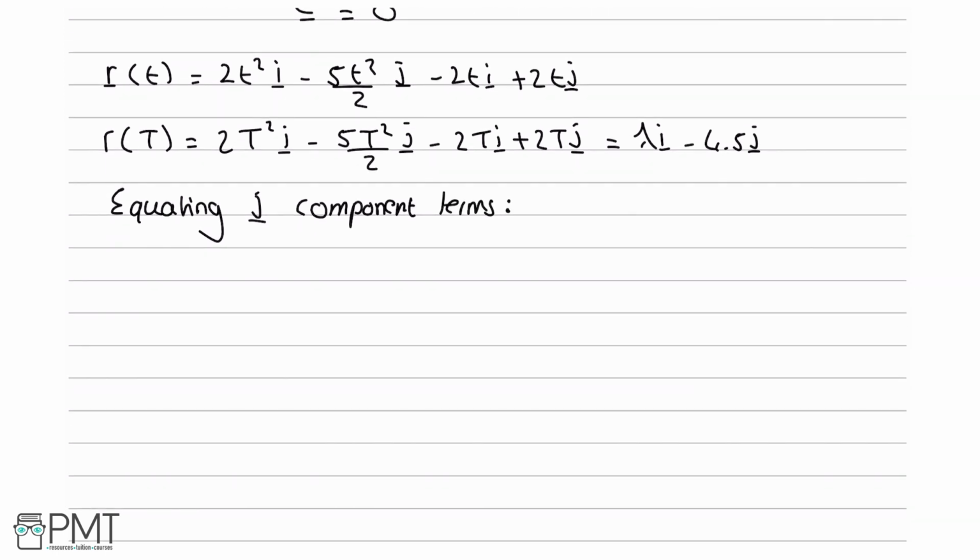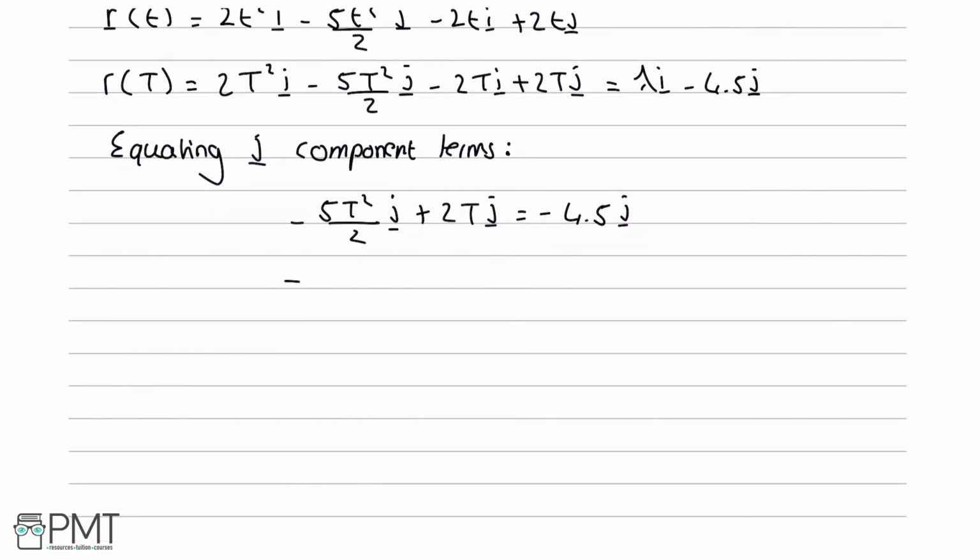And what we will say is that minus 5t squared over 2 j, plus 2t, sorry, underline the j, plus 2tj equals minus 4.5j, like that, okay? Multiplying both sides by 2, we end up with minus 5t squared j plus 4tj equals minus 9j, that's fine.